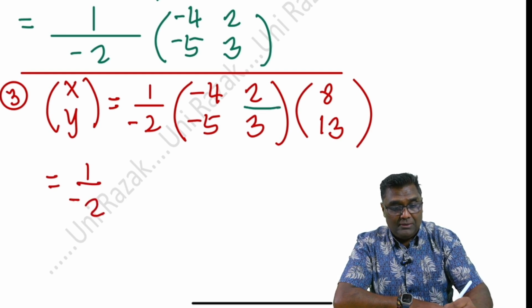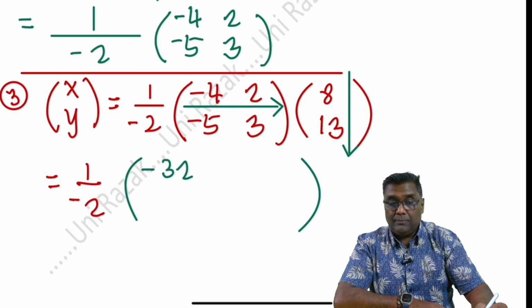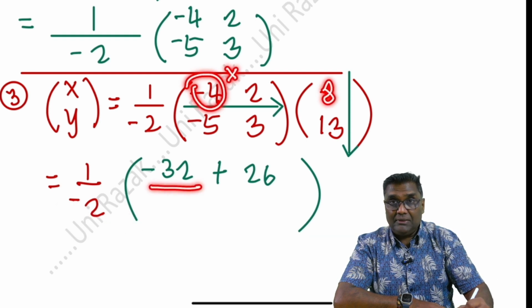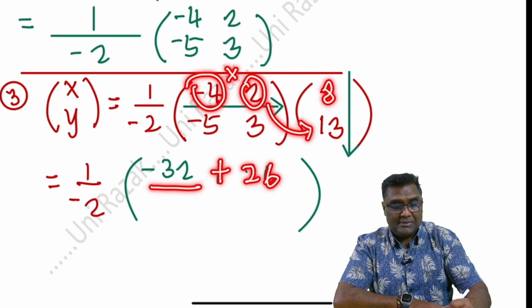For this one, we take the first row and we multiply with the column. So what will this become? -4 times 8, -32, plus 2 times 13, 26.